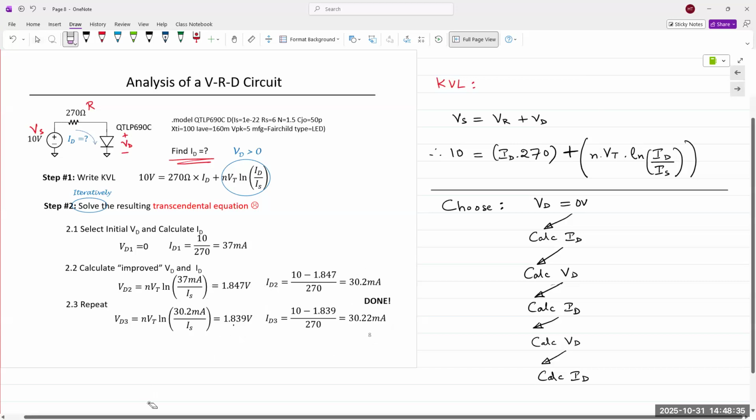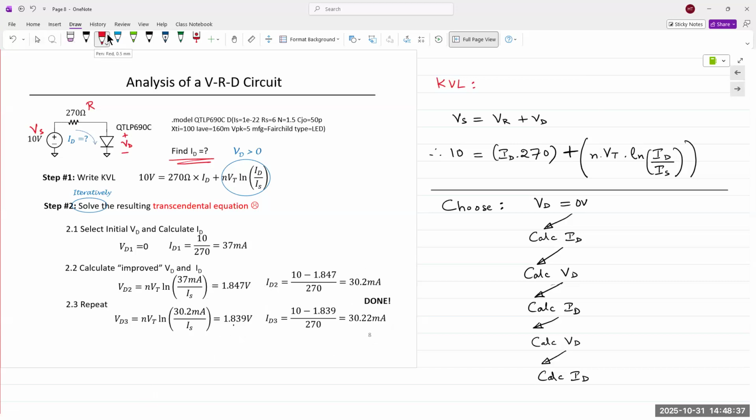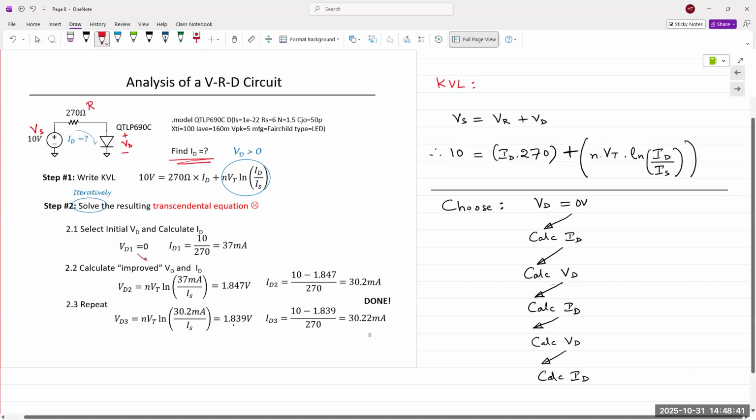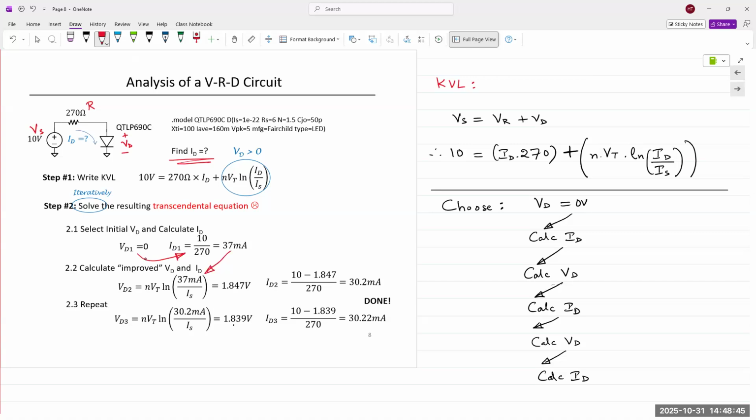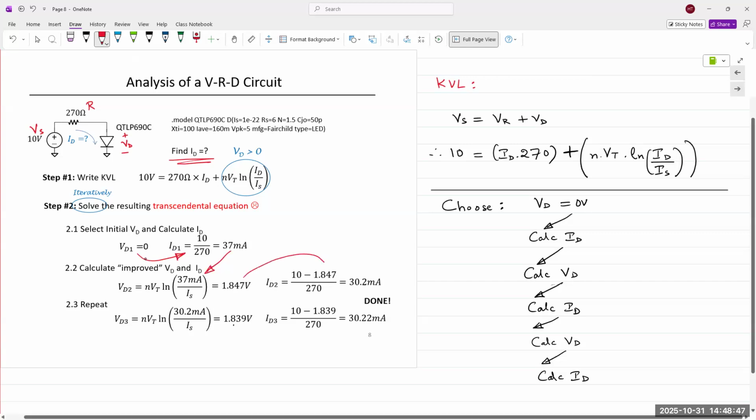So let me use red ink and show. From VD equal to 0, we calculated this. From 37, we calculated this. From this, we plugged it into here. And then from 30 milliamps, we calculated this. And then finally, we obtained the answer and plugged it into here.